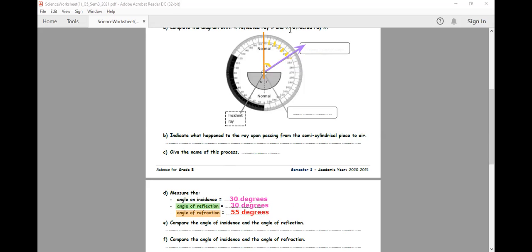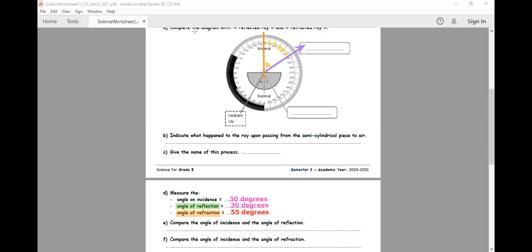هلا tell me, compare the angle of incidence مع الانجل of reflection. How are these two angles? They're the same. They are equal to each other.